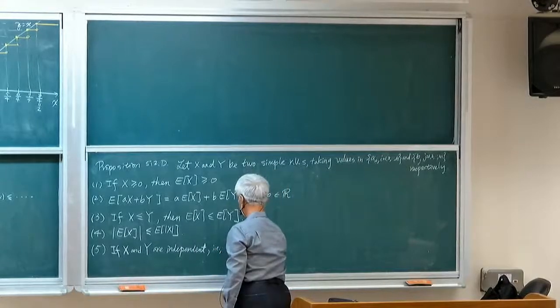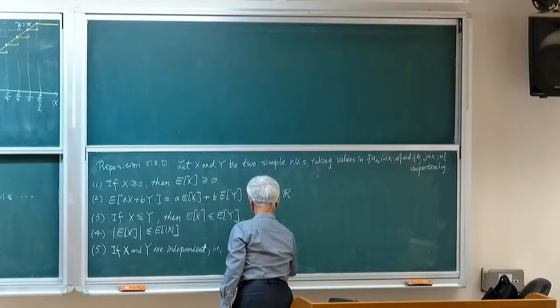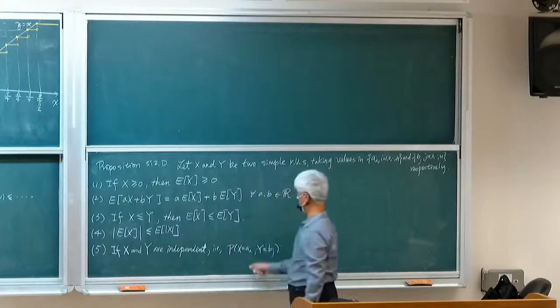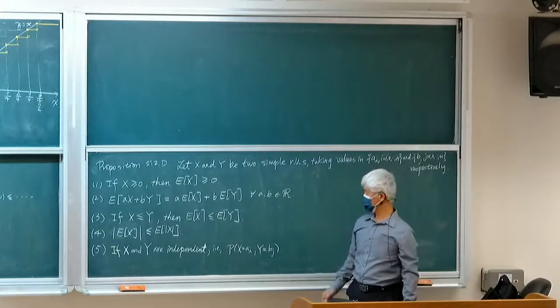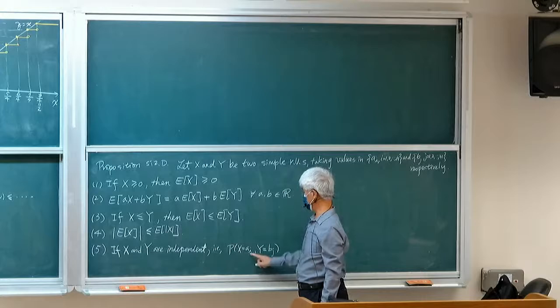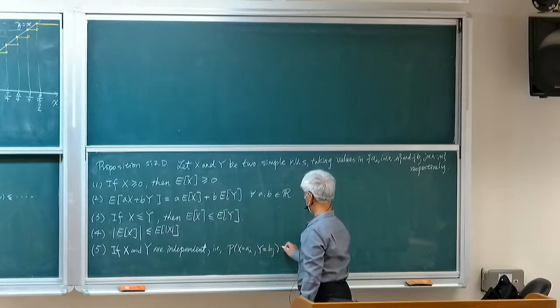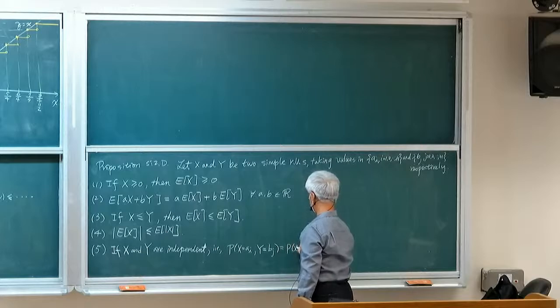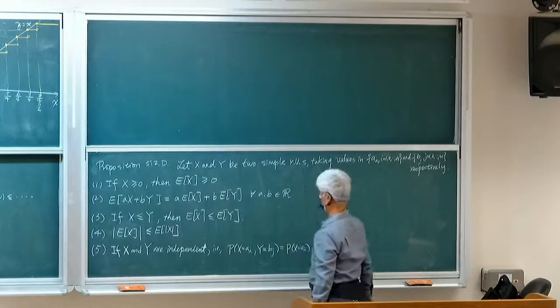That means the probability of this joint event is equal to the product of the respective events.